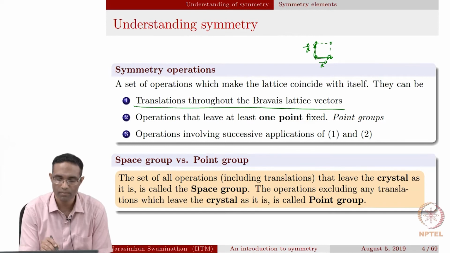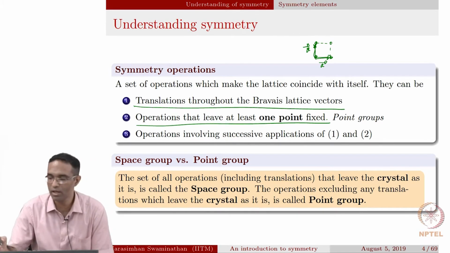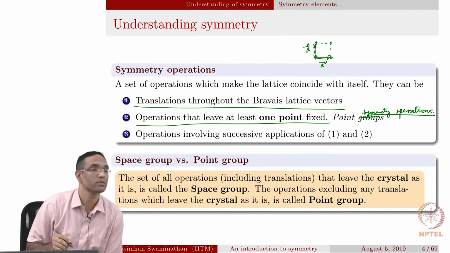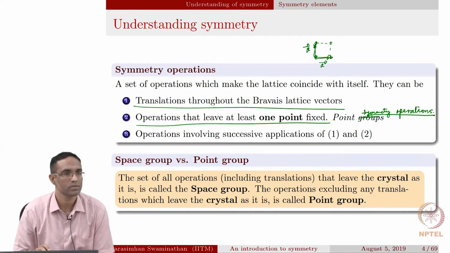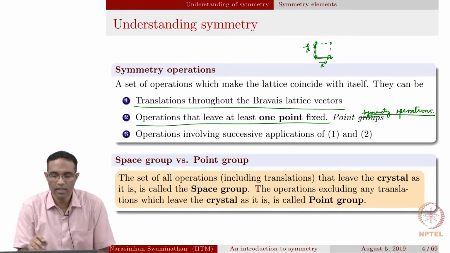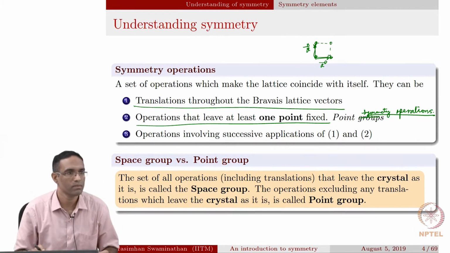It should be straightforward. Operations that leave at least one point fixed are called point symmetry operations. We just talked about two such operations. What did we talk about? Two operations that leave at least one point fixed, that doesn't move at all.